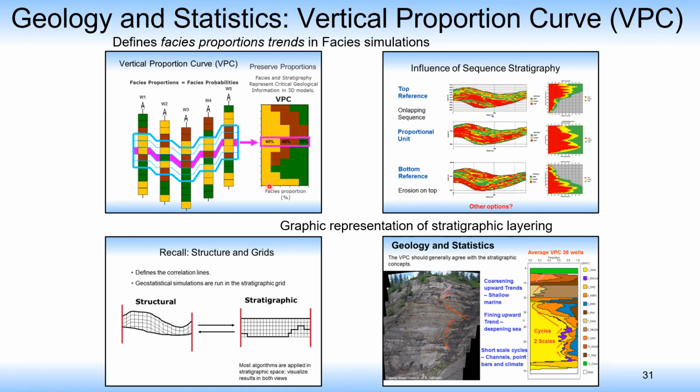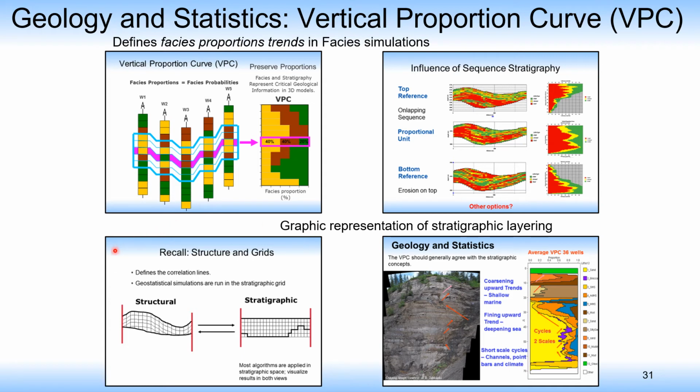And if we have a variation vertically in the facies, that will be represented in the proportion. But what it does is it fixes the probabilities on each layer in the 3D model.